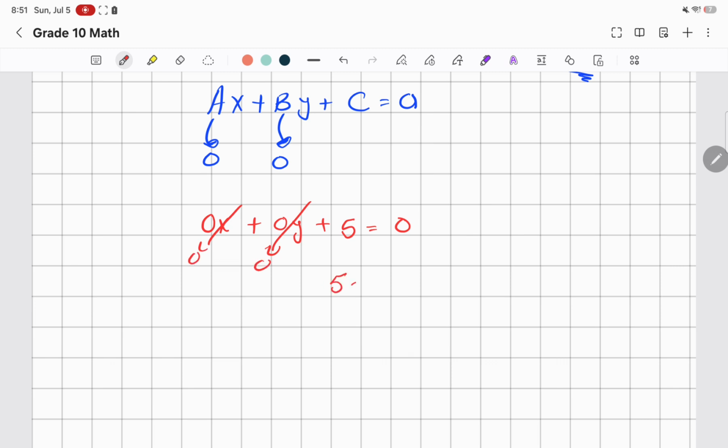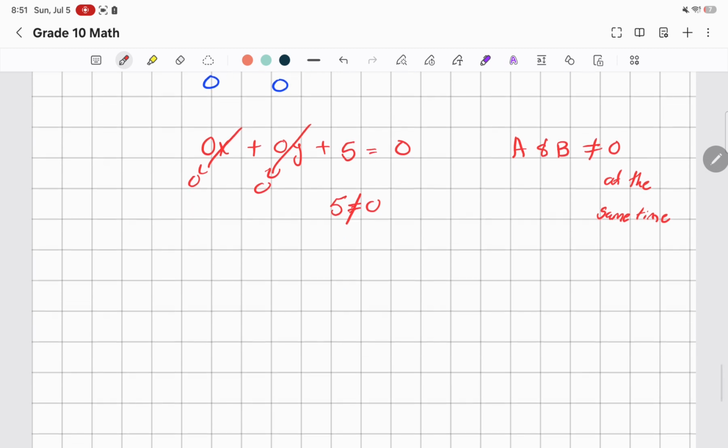You'll be left with 5 equals 0, which does not make sense, right? So a and b cannot equal 0 at the same time.